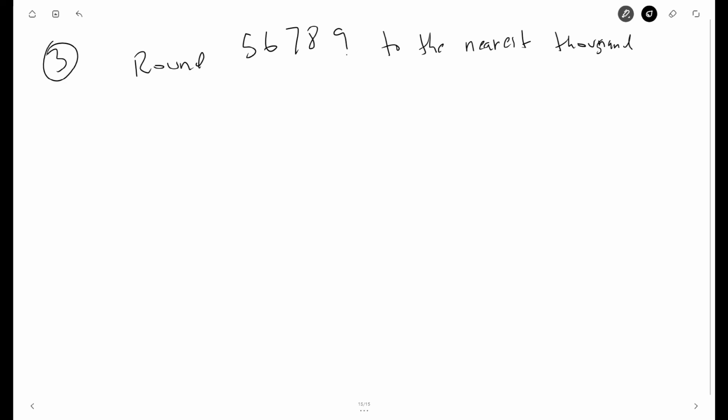So this is 1, 10, 100, 1000. So we're concentrated on 6. The number to the right is 7, so that's 5 or greater. That means that we need to add 1 to 6, so that would be 57, and anything to the right of 7 is 0, so 57,000.